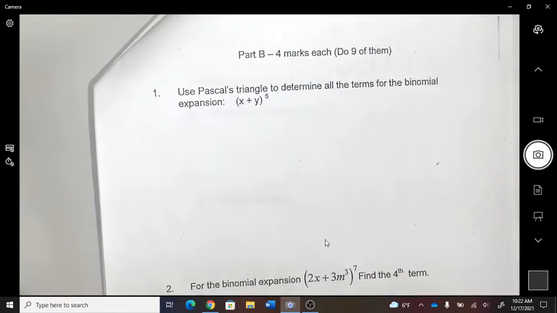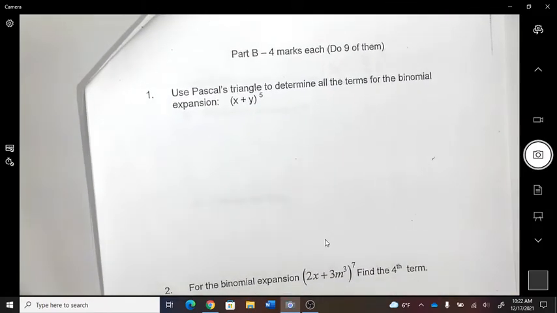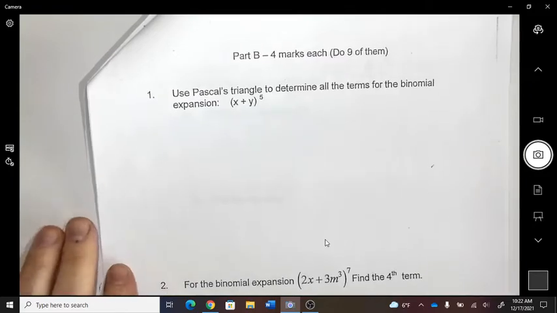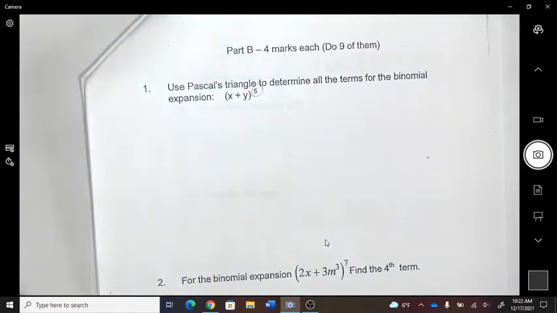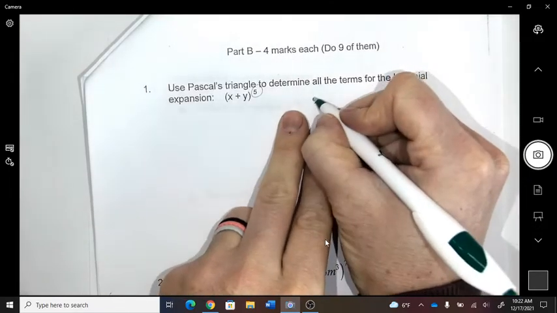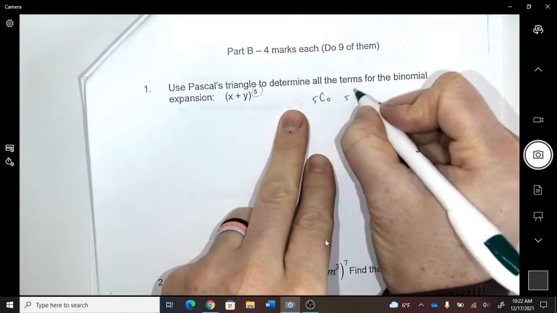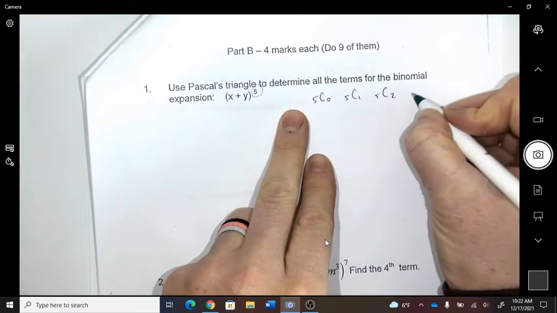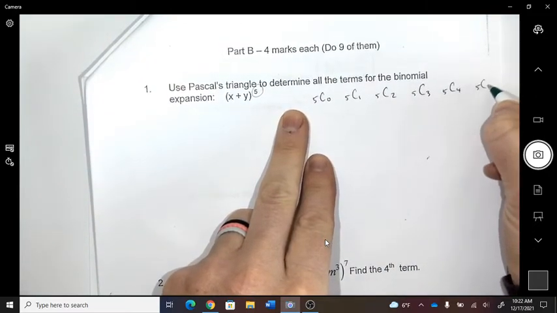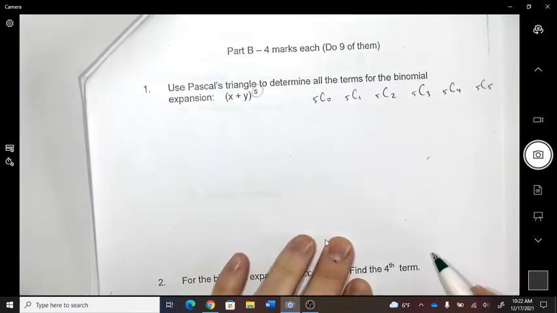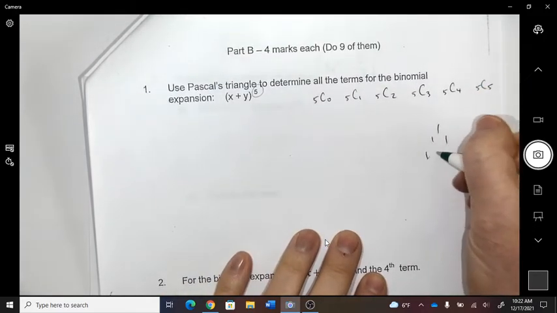Okay. Use Pascal's triangle to determine all the terms for this expansion. Okay, so we need our coefficients. I don't know if you would like to do 5 choose 0, 5 choose 1. If you want, you can do all of these numbers if you feel like that's going to be faster, or you could draw your triangle.